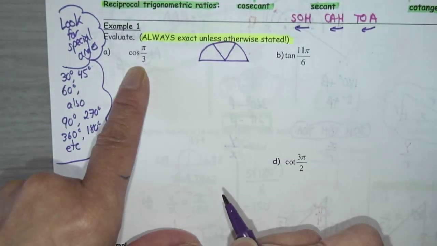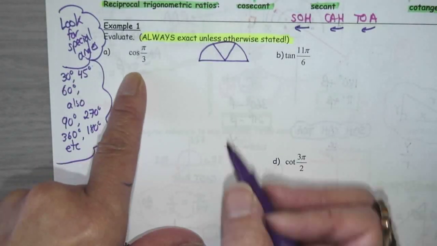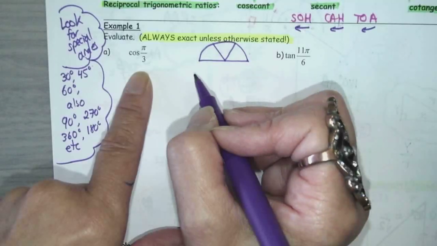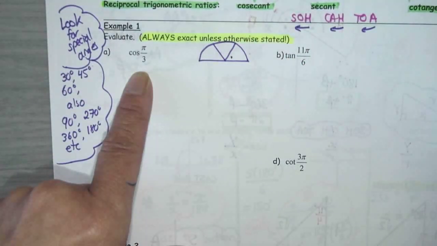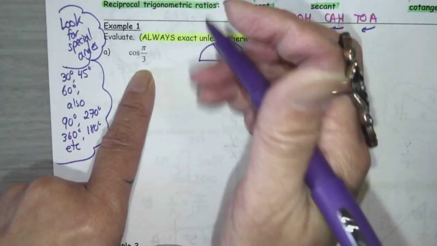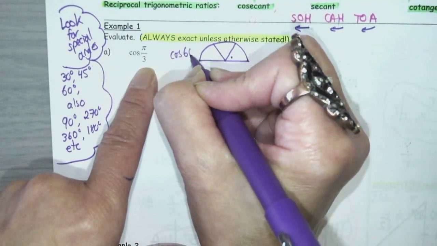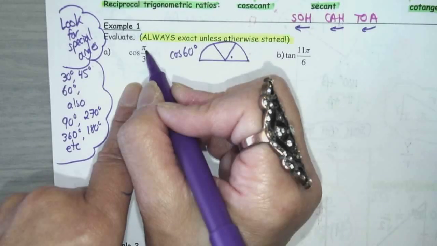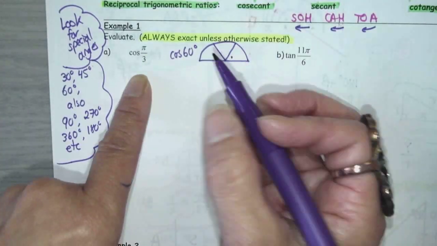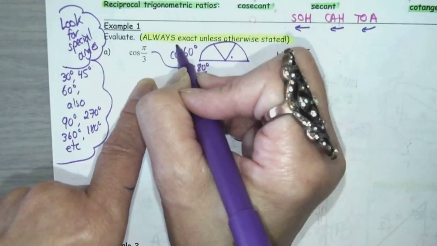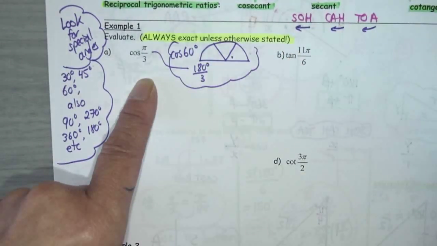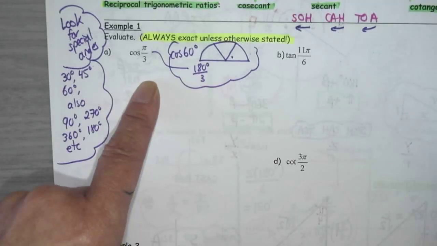So now can you picture what it is? It's 60, 60, 60. So you say, okay, it's here, in this first quadrant. So I know that this is actually, I'll do this in purple, cos of 60. How else do you know that? 180 divided by 3. So there's 2 ways to picture that. You don't have to show any of this. That's just your brain going, oh, I know what that is. It's 60.